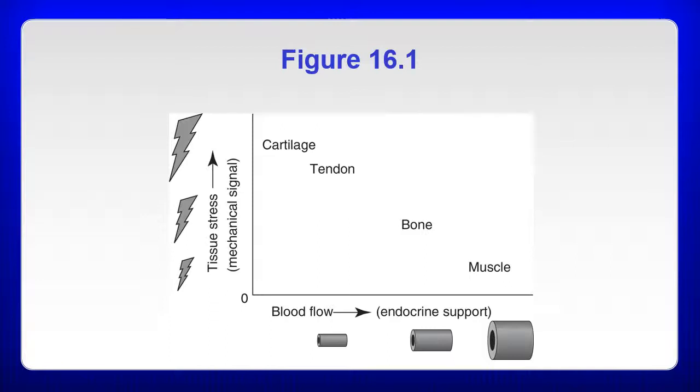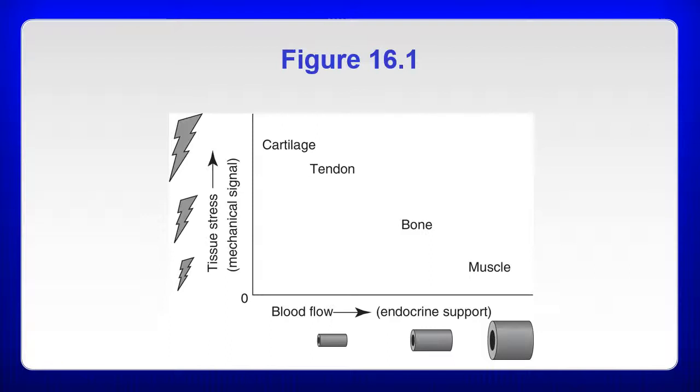Autocrine effects are essentially when a cell produces a hormone that acts on the same cell, whereas paracrine effects are effects produced by a cell that's nearby, okay? And that's going to be important when you're looking at tissues that don't have good blood flow, because if they don't have good blood flow, it makes it much more difficult for the endocrine system to work. So that's why it's important that some of these other hormones can be produced in these cells and work a little bit more locally.